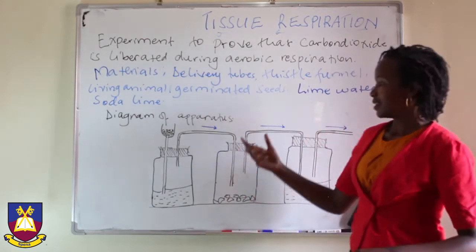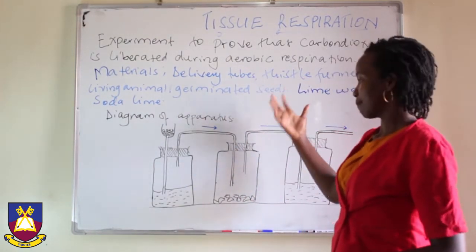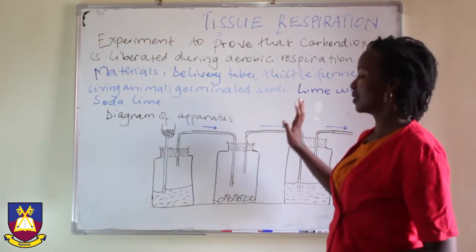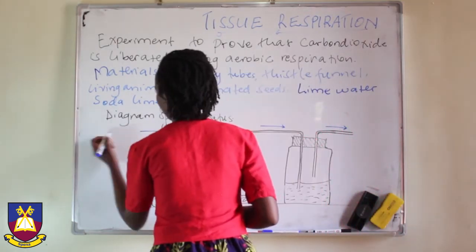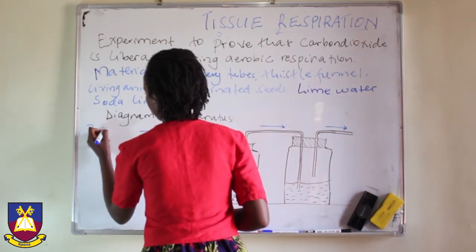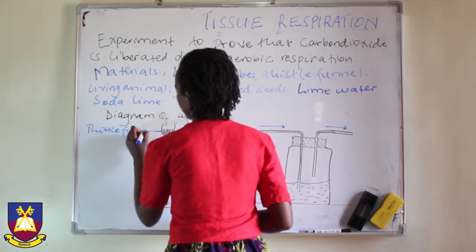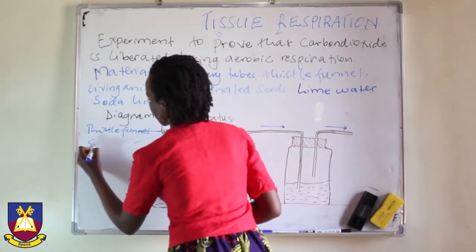So this is a diagram of apparatus that shows how we could arrange the apparatus and materials to come up with a successful experiment. So this is our thistle funnel. And inside it we have our soda lime.